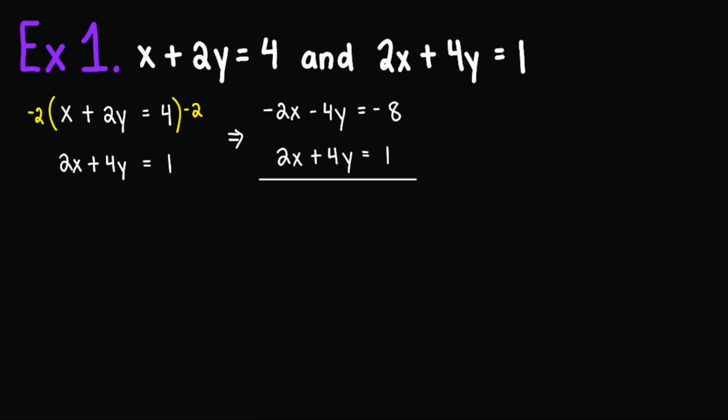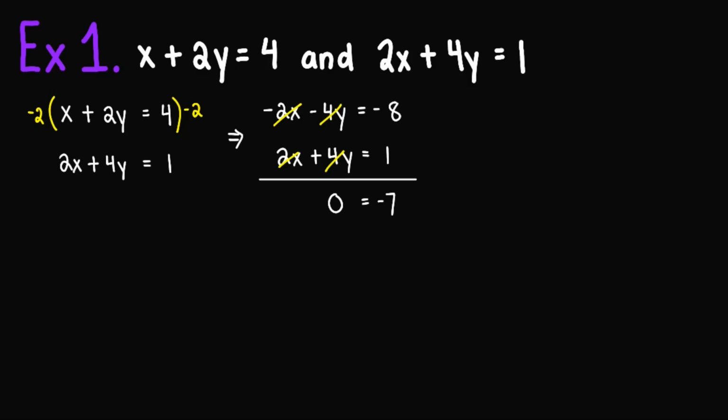Then adding these two, first -2x plus 2x would cancel out, but observe that -4y plus 4y would also cancel out. So this would simplify rather into 0 equals -7.